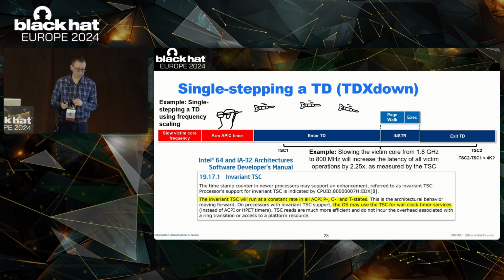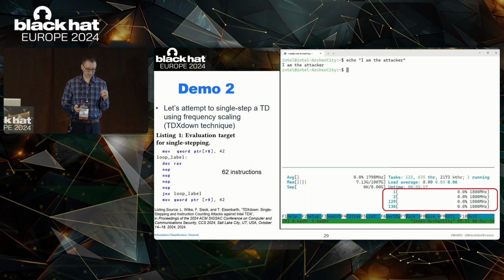On our test machine, all the victim operations would increase by a factor of 2.25. And it seems that's just enough to exceed the threshold of that built-in mitigation, making entering the TD plus executing an instruction plus exiting add up to more than 4,000 cycles. And we'll show that in this demo here.